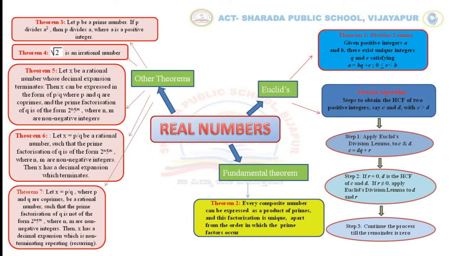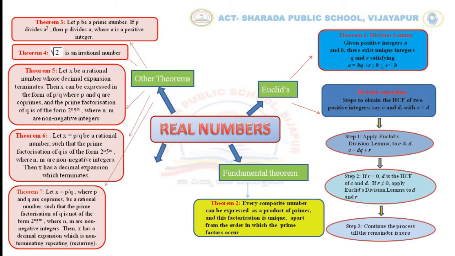That is, it is a non-terminating and repeating decimal expansion. So theorem 7 tells that if the p by q form of a rational number has coprimes with q not of the form 2 to the power n into 5 to the power m, then the decimal expansion is non-terminating and repeating.